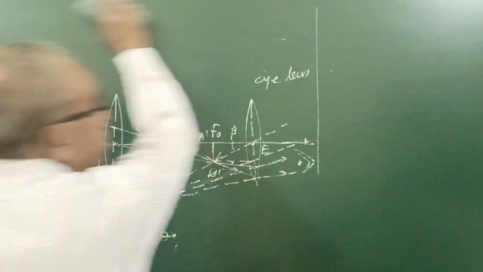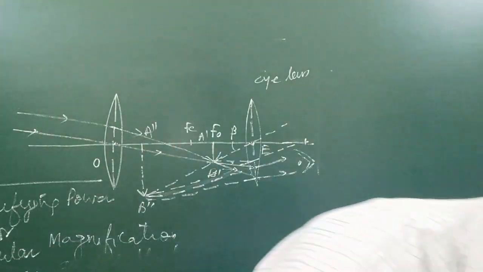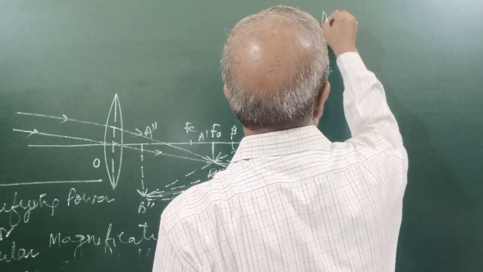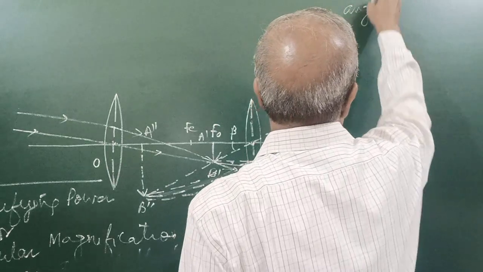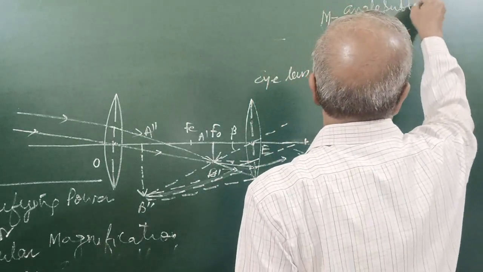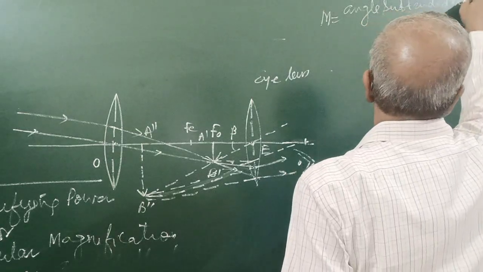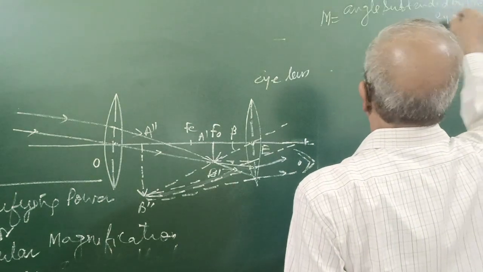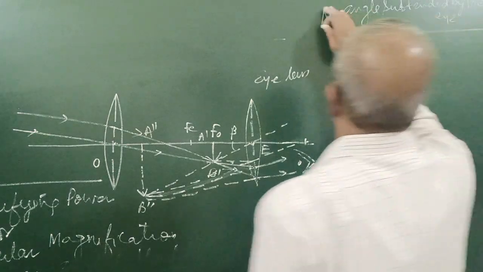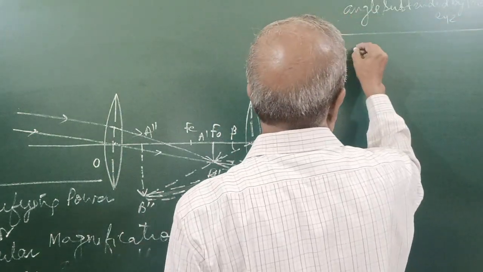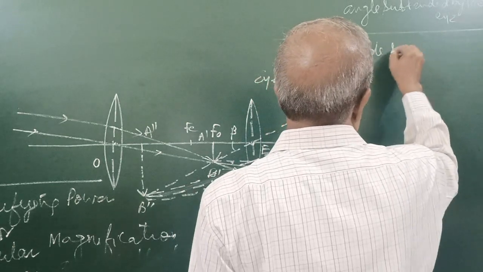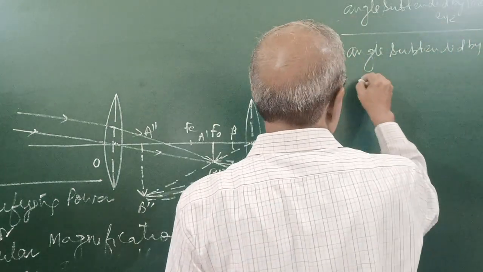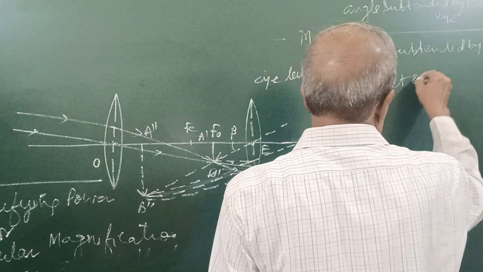Magnifying power, M equal to the angle subtended by the image on the eye, divided by the angle subtended by the object on the eye.